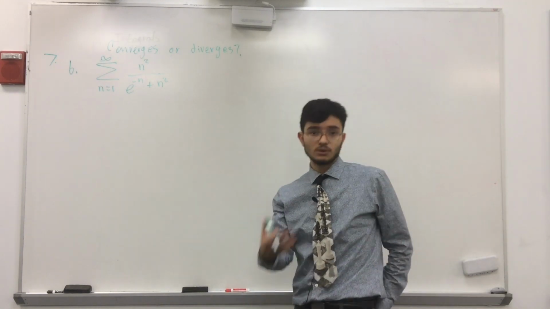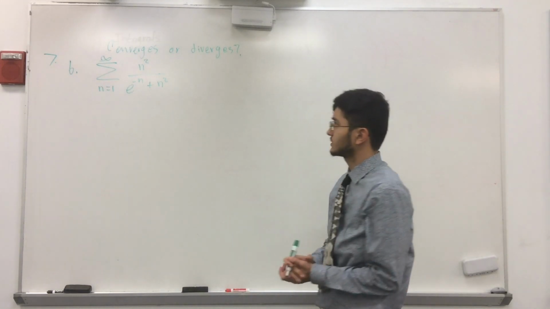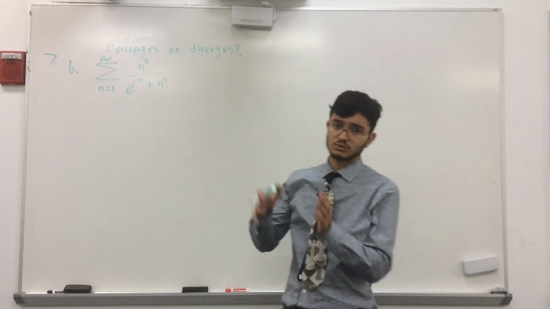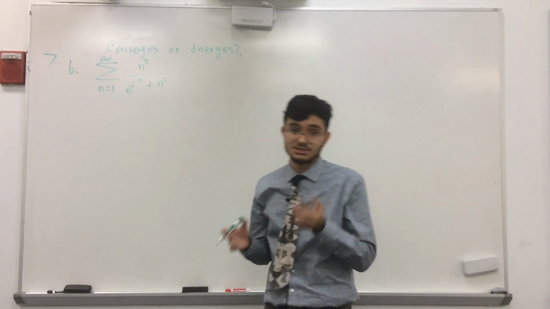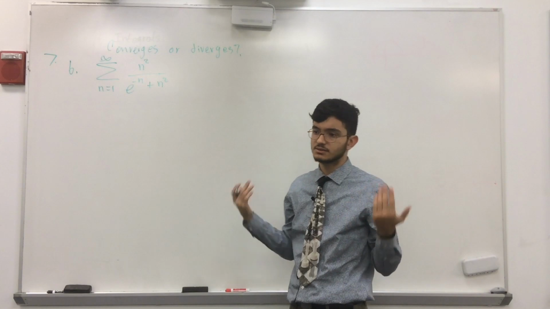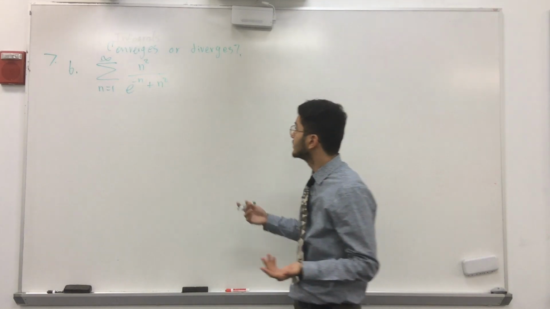That's called the nth term test. If the limit of this sequence as it goes to infinity is not 0, that means it diverges. But if it's equal to 0, either it diverges or converges, so it's not certain.